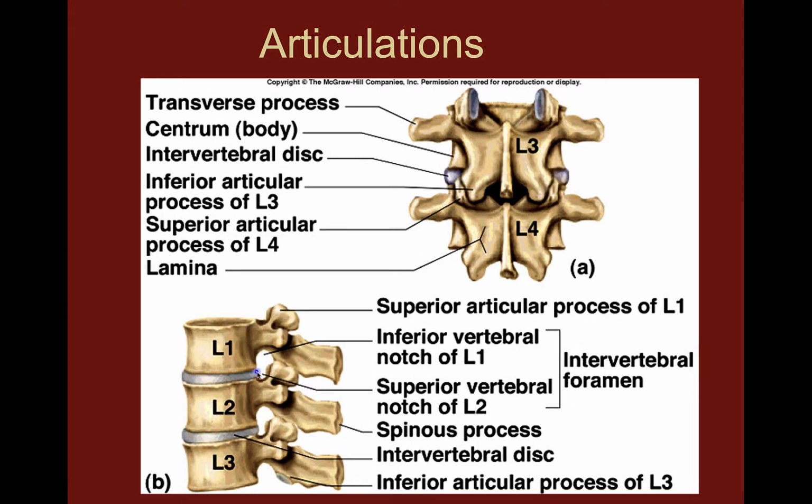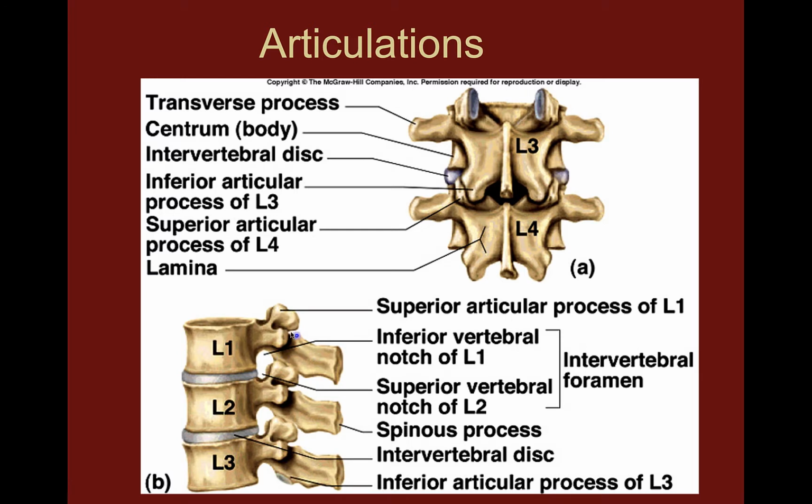If we look at this laterally, again, what we can see here is that we've got our superior articular process, and down here we've got this inferior articular process. Now we have an inferior vertebral notch. So if this L1 vertebra was separated, we would just see a half circle.